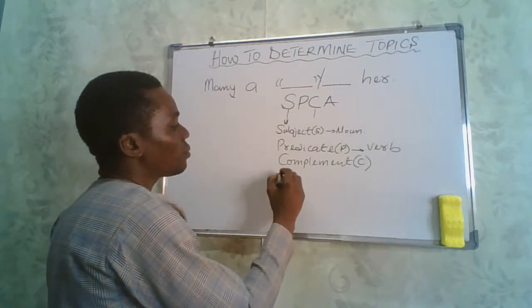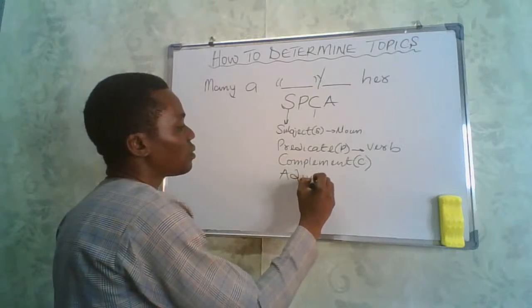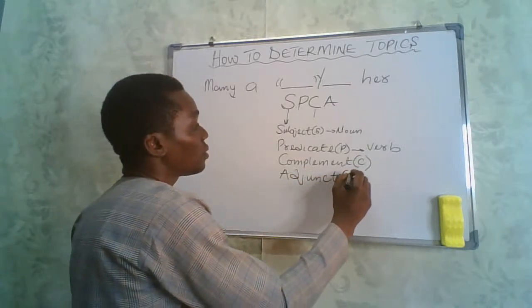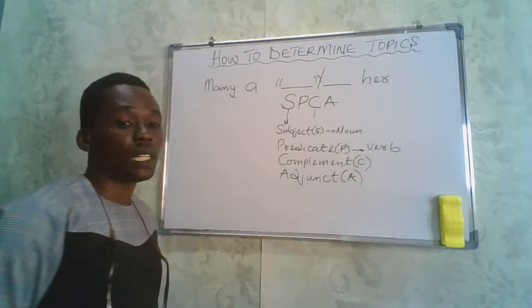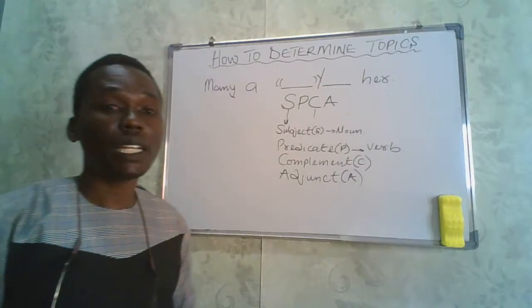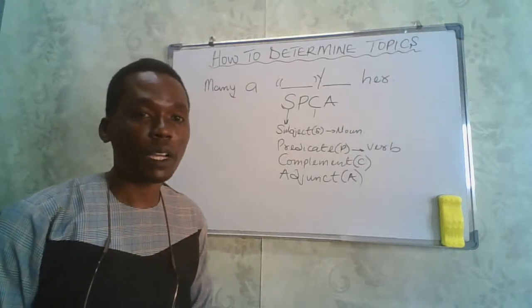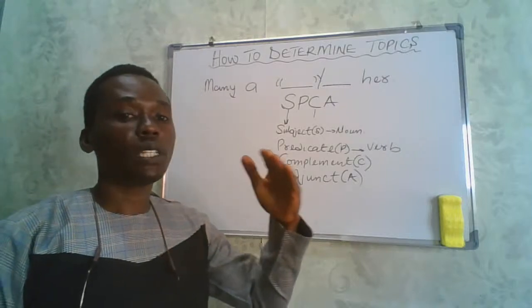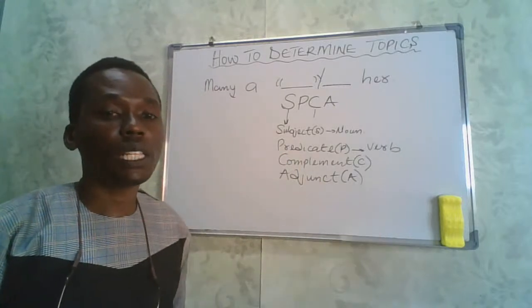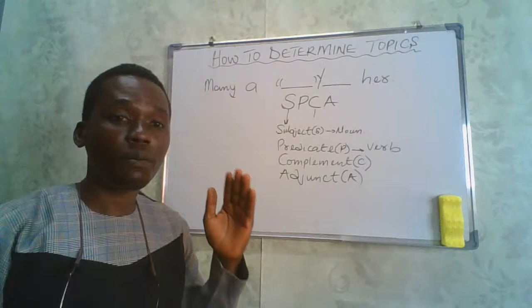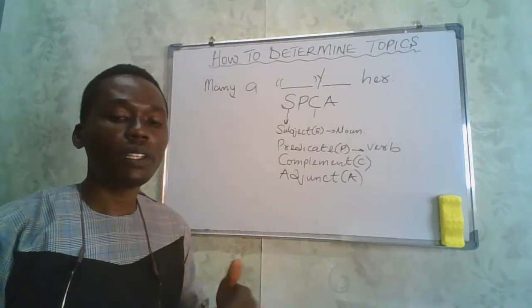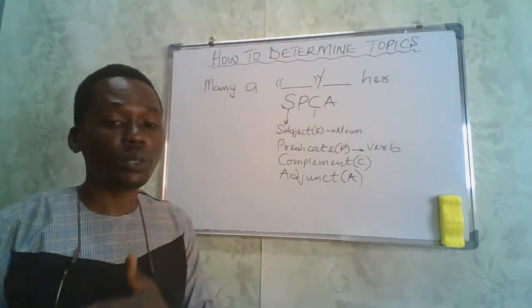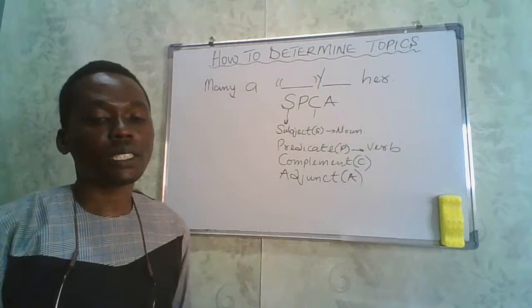And A stands for the adjoint, which is either the adverb or the adverbial. And remember, that tells you the degree of the action that is taken. It's either the adverb of time, place, the frequency of that action, the reason for that action, etc.